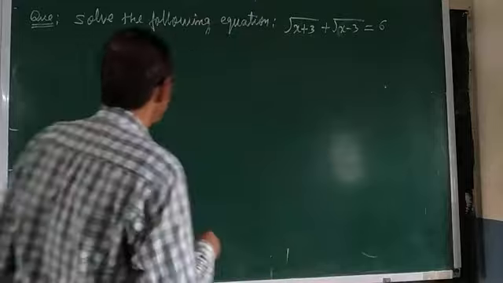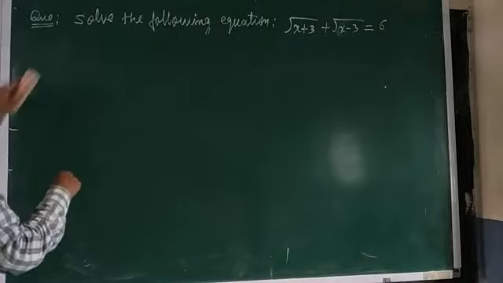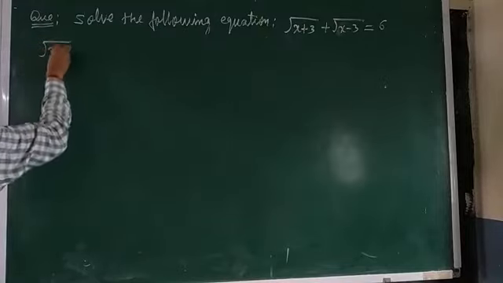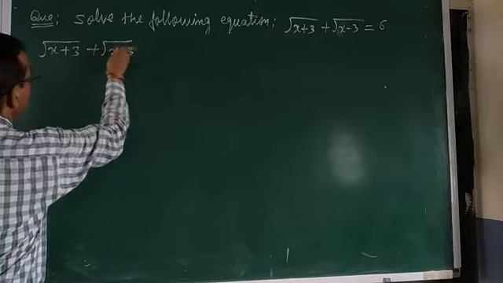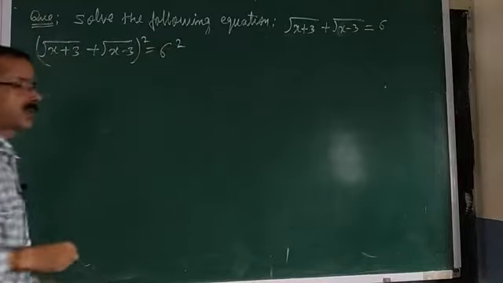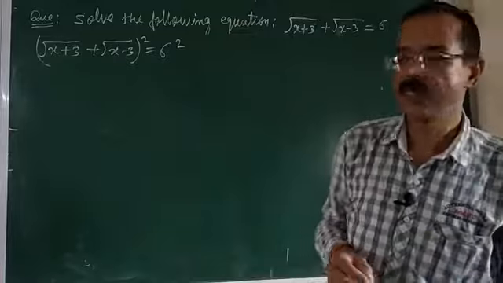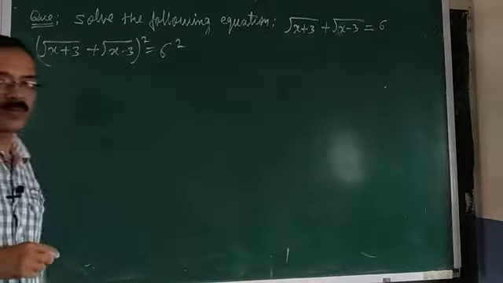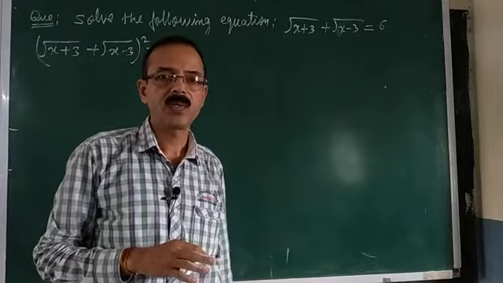If you square both sides, we can write x plus 3 plus x minus 3 whole square is equal to 6 square. What I did is squaring both sides. Now for a plus b whole square, I have to apply the formula a square plus b square plus 2ab.